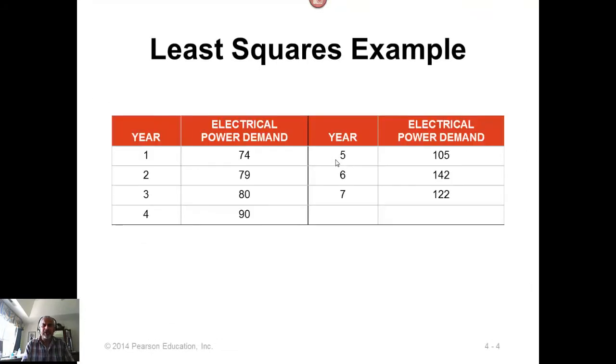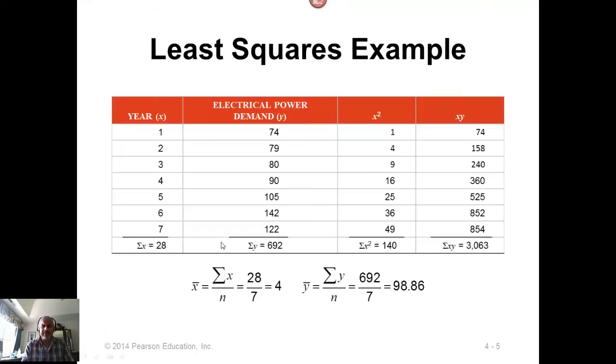So here is a worked out example. So we have 7 years worth of data for electrical power demand. Now we use the year number as the x column, and then the demand is the y column. So we have x squared, x times y, and add them up and plug it into the formula.